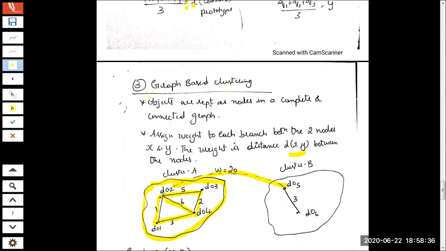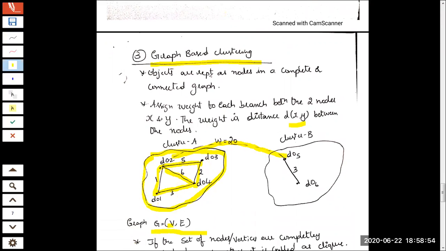Next we saw graph-based clustering. In graph-based clustering, we understood each and every data point or object will be treated as a node, and the different nodes are connected using edges. Weights are assigned to the edges. What do we mean by weight here? The weight is how much the data objects are similar.